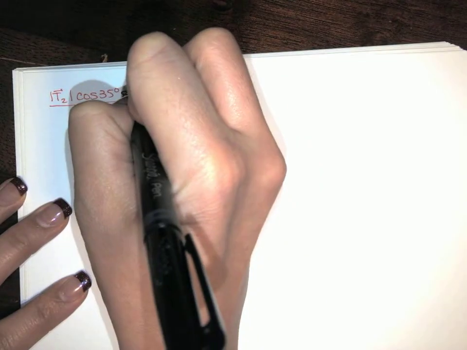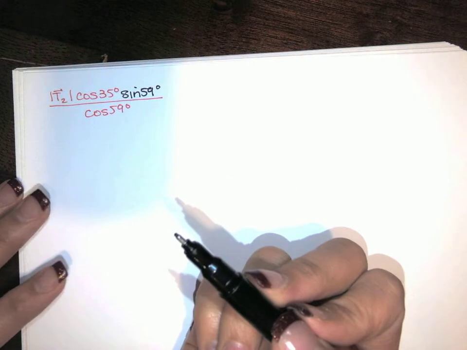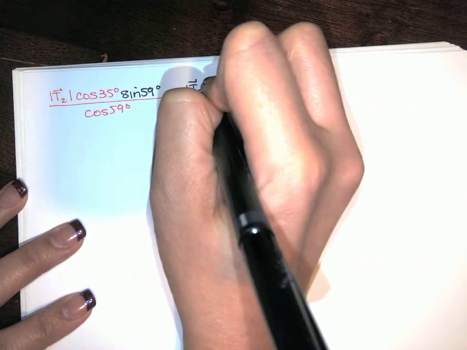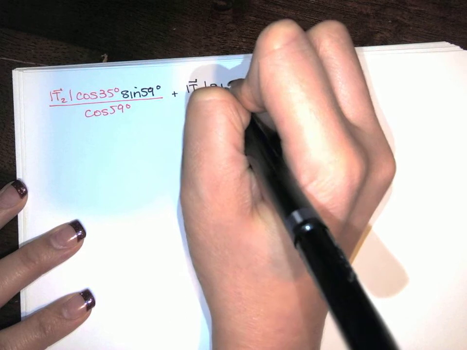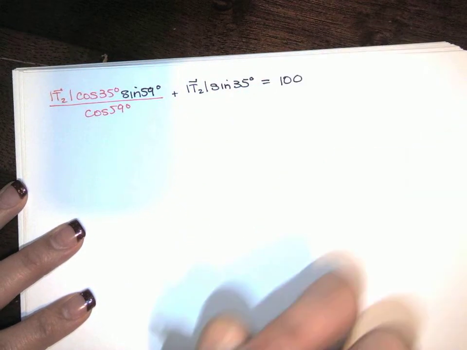So I had T1, which was this, times sine of 59. If you want, you could call that sine over cosine of 59 a tangent of 59. That's totally fine. Plus the other guy. And we had a minus 100. I'm going to add that to the other side.